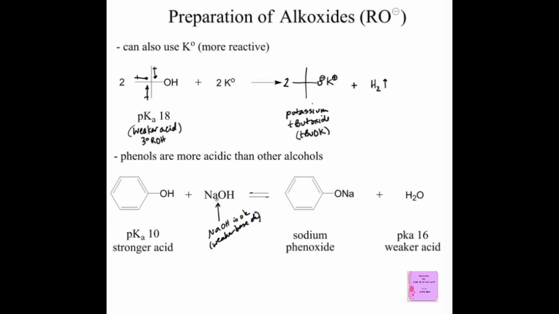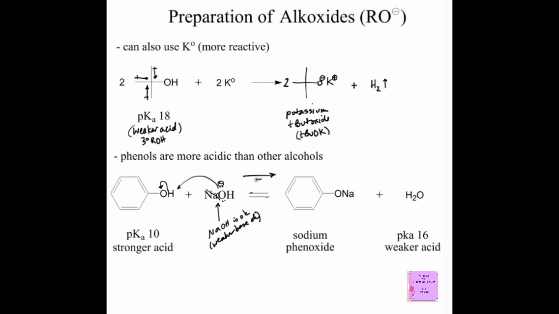And when we do the deprotonation here, so now we're using hydroxide to do our deprotonation, the products are going to be sodium phenoxide, is what we call it when we have a phenyl O-, and water as our other product. Now water has a pK of about 16, which would not be good if we were trying to deprotonate something with a very similar pK, but because this is so much more acidic, it's a million times more acidic, we know the equilibrium lies in the direction of the weaker acid-base pair.